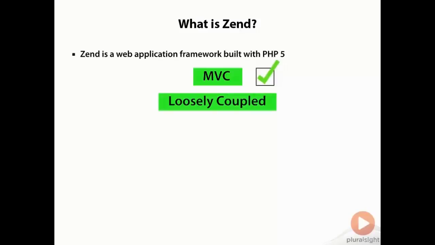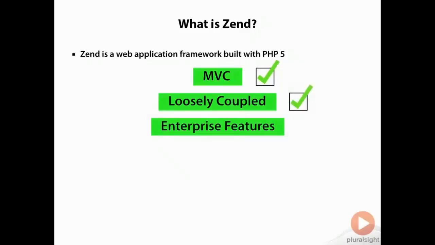Web frameworks should also have a separation of tiers and be loosely coupled with the ability to plug and play components. Zend is good here too. And of course, we all want enterprise features like the ability to utilize relational databases, send emails and notifications, be performant, be testable, and so on. Check, check, and check for Zend.